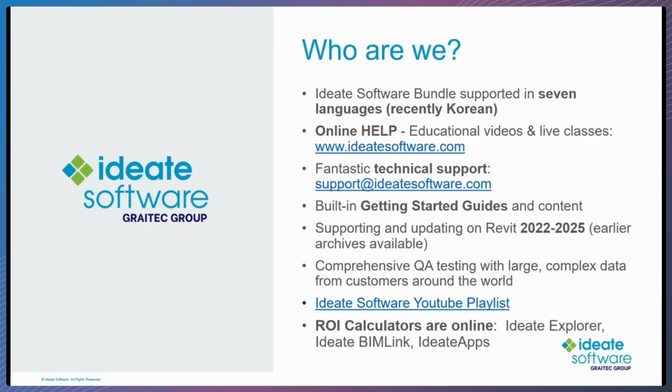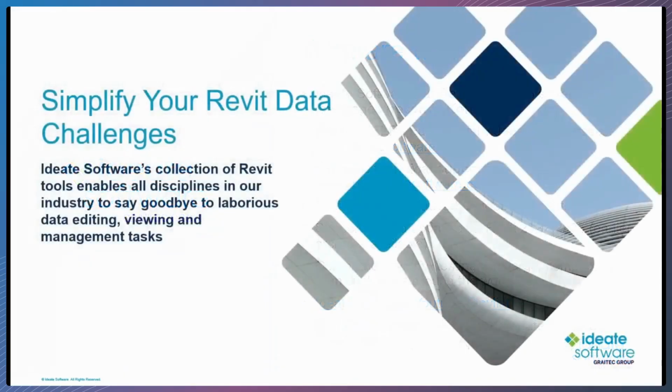And we have customers in almost every geographic region. We have a fantastic technical team that's eager to help you and have recently joined the worldwide Graitec group of companies. Our main goal is to simplify your Revit data challenges by providing a set of easy-to-use tools with an environment that you're already familiar with whenever possible.